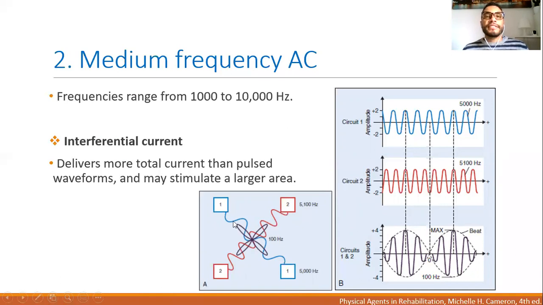And the effect of this current is mainly generated right in the middle of the 4 electrodes, in the intersection of these electrodes, where we have the potential effects and generation of currents. The interferential current delivers more total current than the pulsed waveforms, and it may also stimulate a larger area.